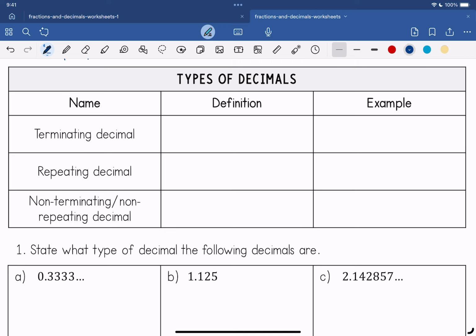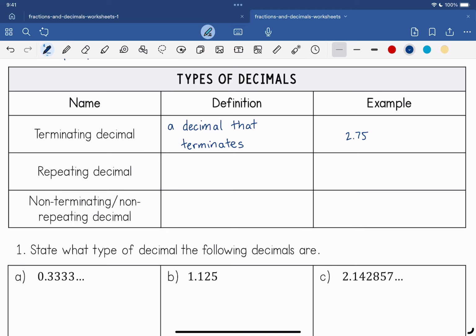A terminating decimal is a decimal that terminates. For example, 2.75.